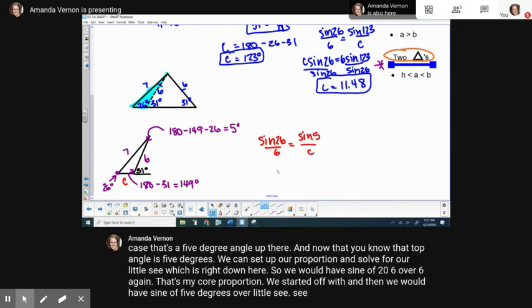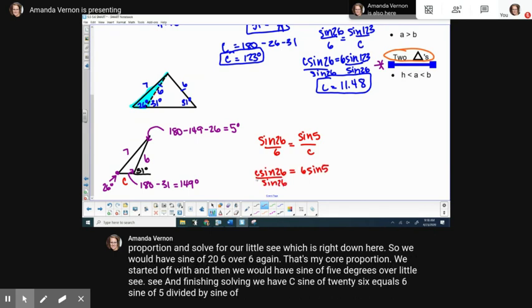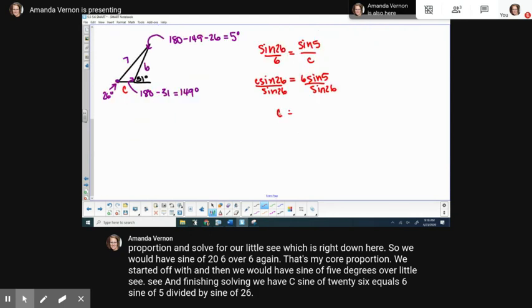Finishing solving, we have c sine of 26 equals 6 sine of 5, dividing by sine of 26. C equals a very small side length of 1.19.